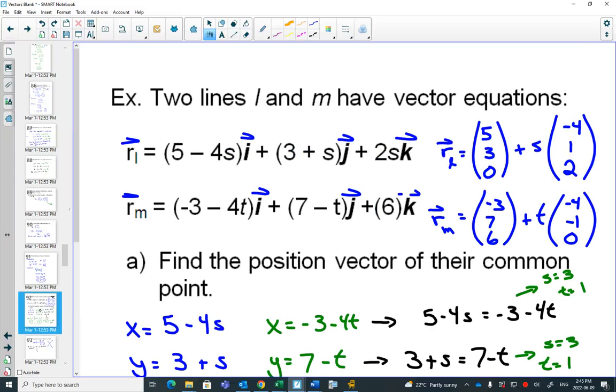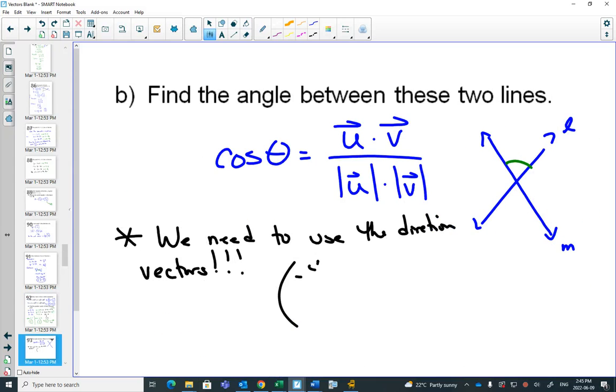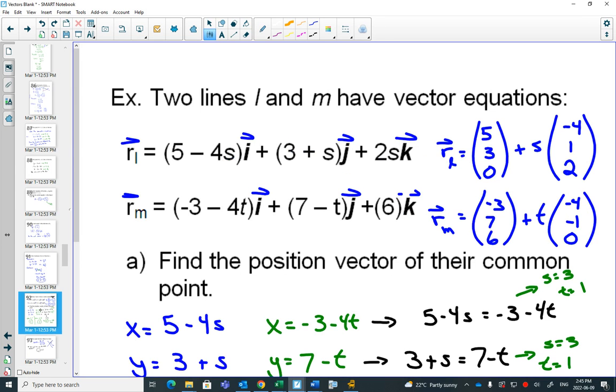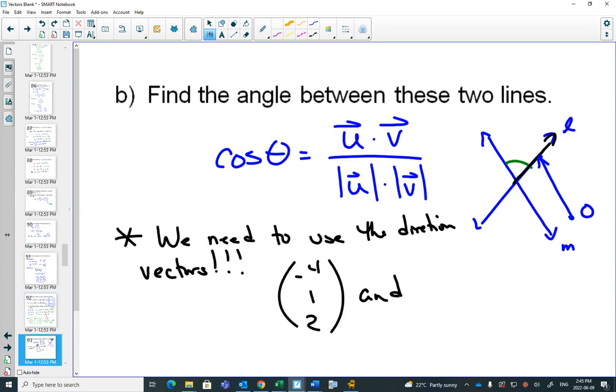For the first one, it's -4, 1, 2. Because the first vector is some position vector from the origin. It's not the direction that that vector is going. Does that make sense? So we need to use -4, 1, 2, and from the second line, the direction vector is -4, -1, 0.